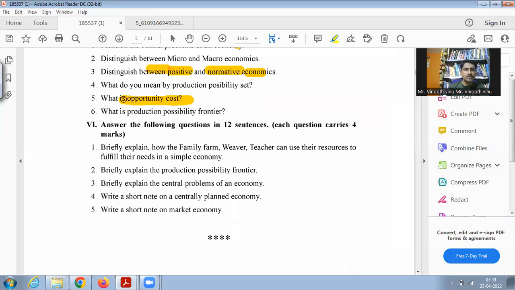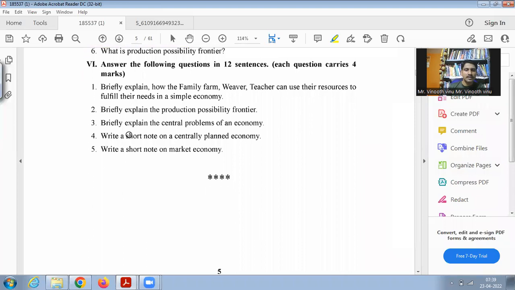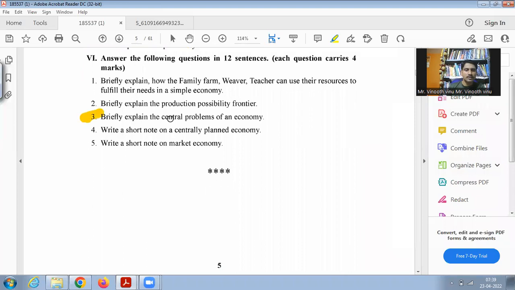Next, opportunity cost is third chapter. ಇಲ್ಲಿ important ಅಂದ್ರೆ what to produce, how to produce, whom to produce. Explain ಮಾಡಬೇಕು. Okay. Centrally planned economy. It is just about the economic activities are controlled by government. Example, China, North Korea.